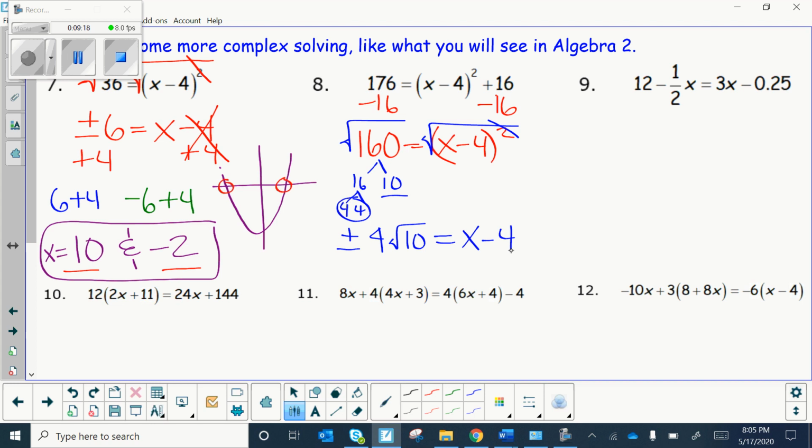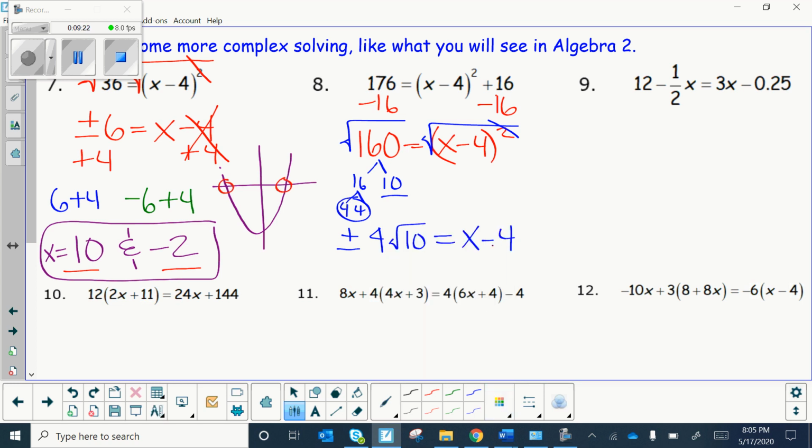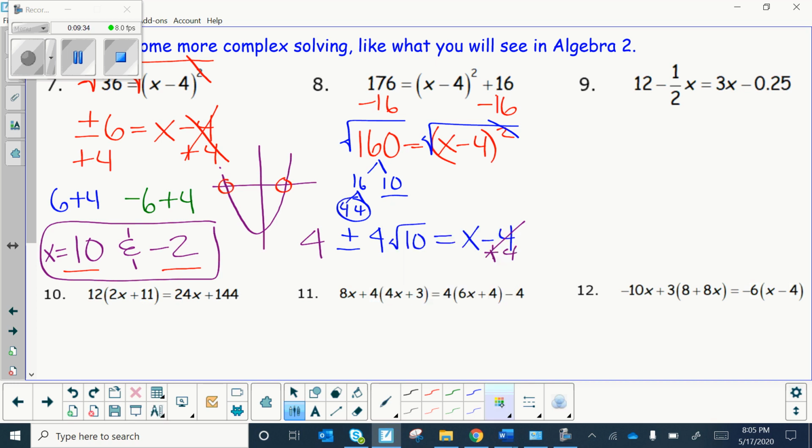Okay, so last thing that we have to do is add 4 to both sides. So add 4, and we're going to put a 4 over here. So basically our final answer is going to look like this. It's going to be 4 plus or minus 4 radical 10, and that equals x.